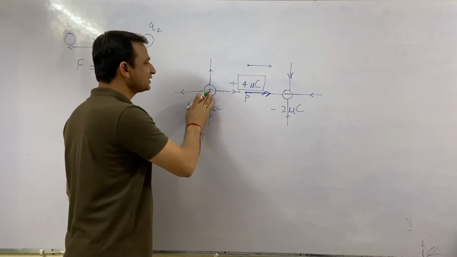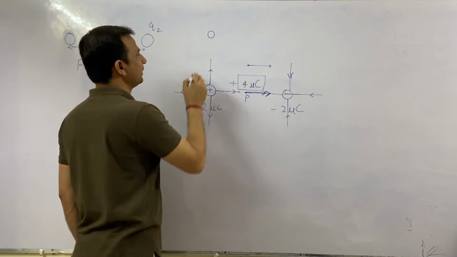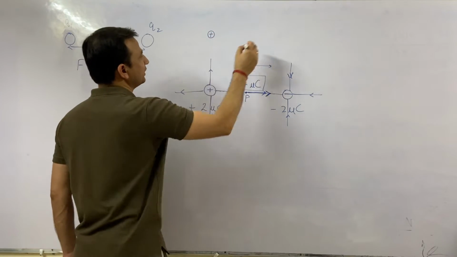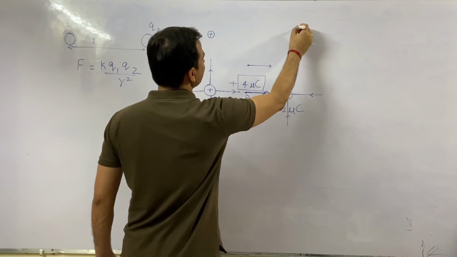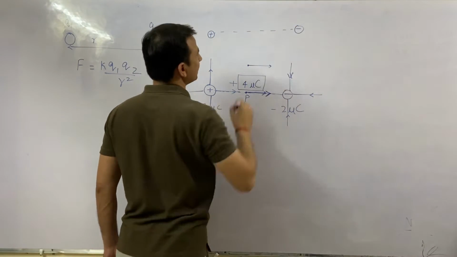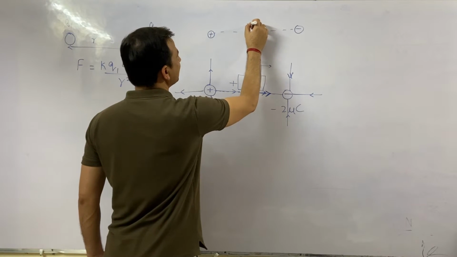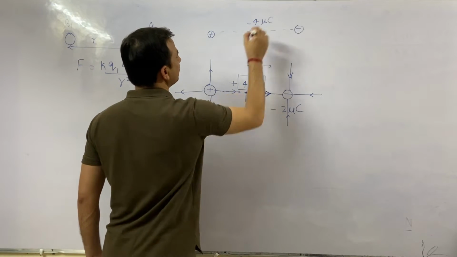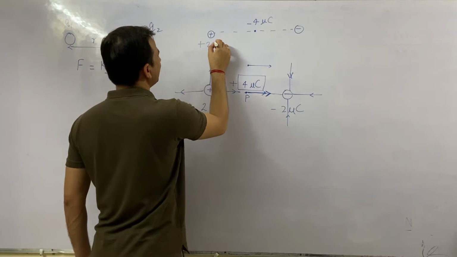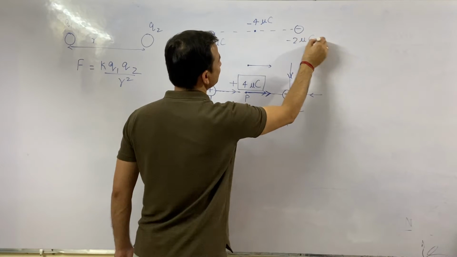Similarly, if we just change the nature of charge, for example, if I keep a charge here and this is positive and this one is negative, and this is the line joining the two charges, and here I have kept a negative charge of 4 microcoulomb, and this is plus 2 microcoulomb, very much similar to this, and this is 2 microcoulomb.